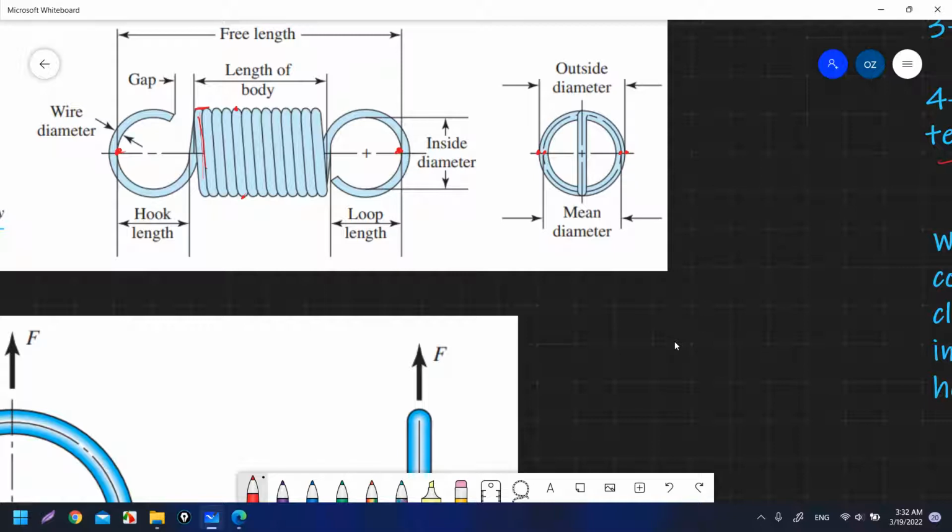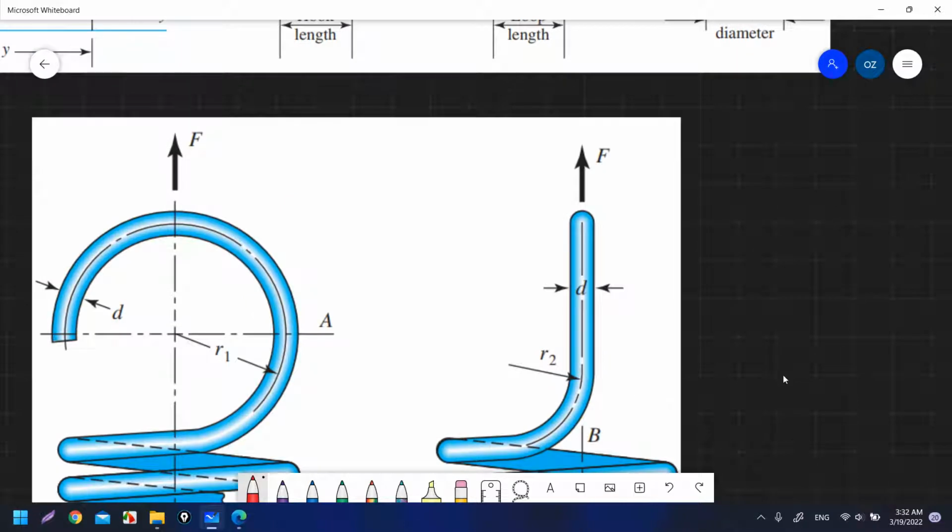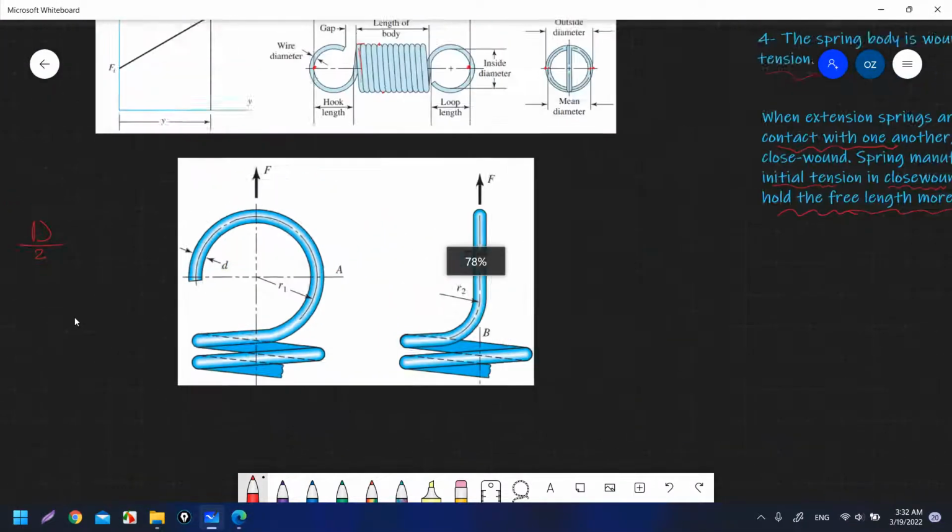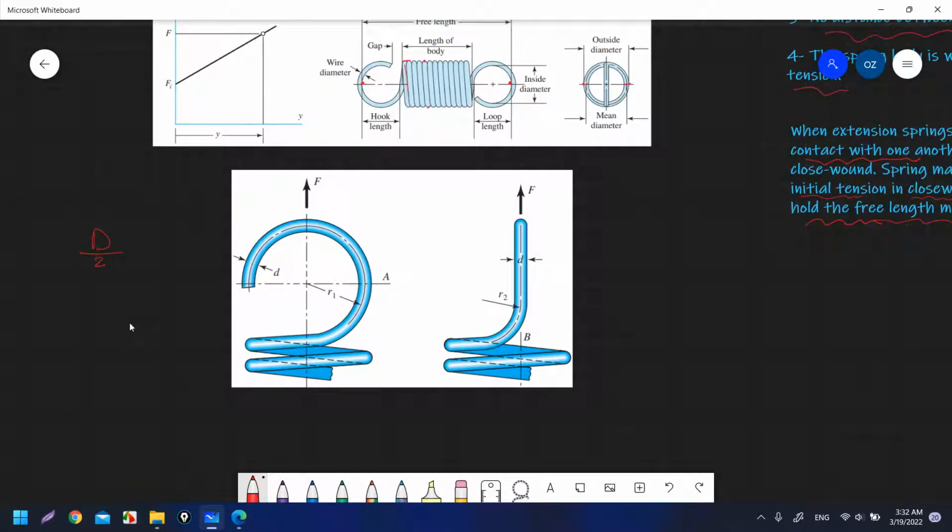That is the mean diameter. Here, if we want to represent it, it is from this point to this point, that is D. So R1 is equal to D over 2.